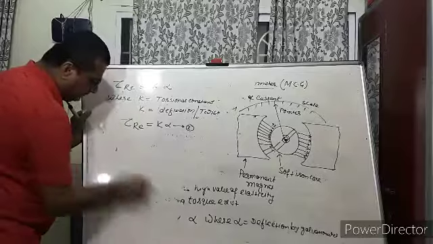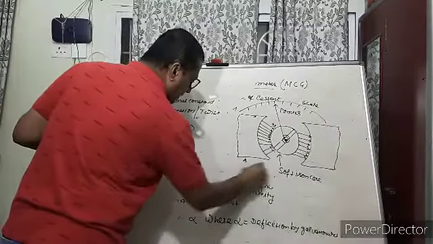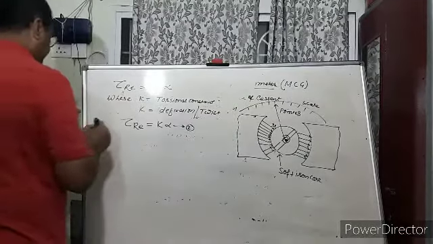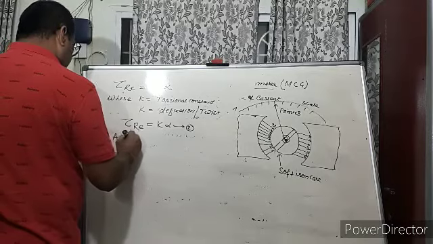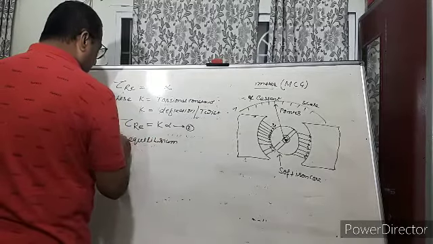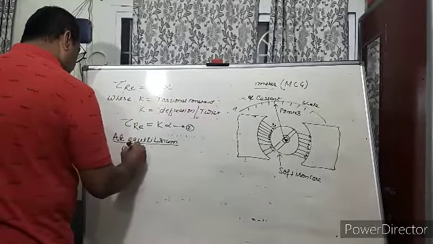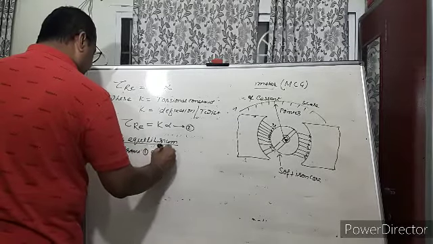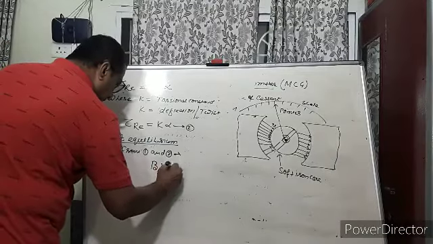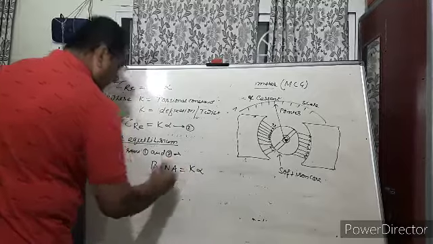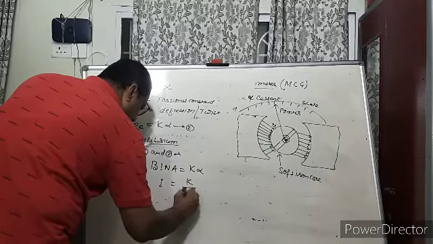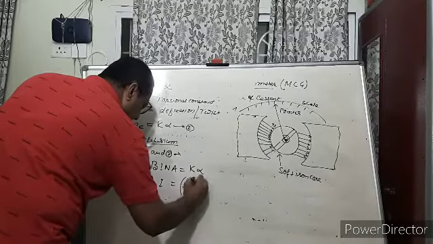At equilibrium, from 1 and 2, we get BINA equal to K alpha. Then I is equal to K by BNA into alpha.